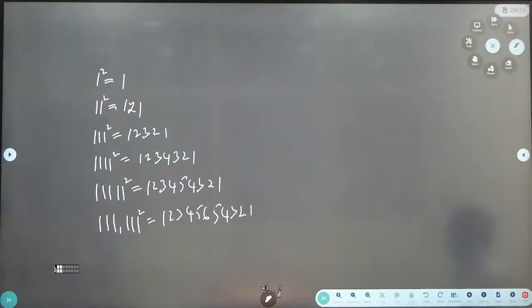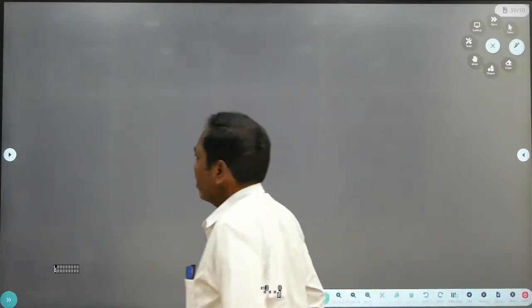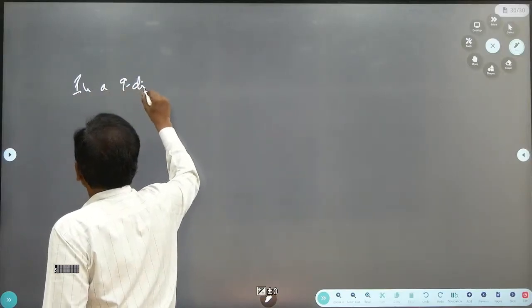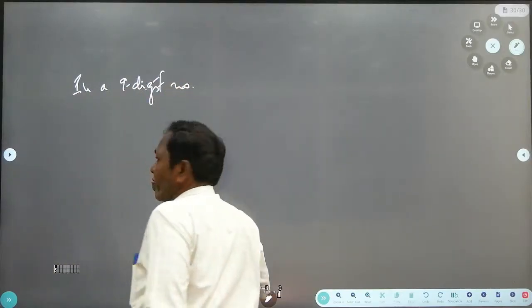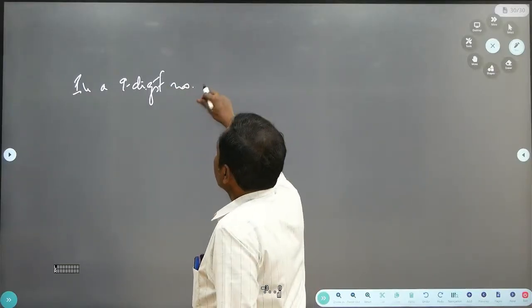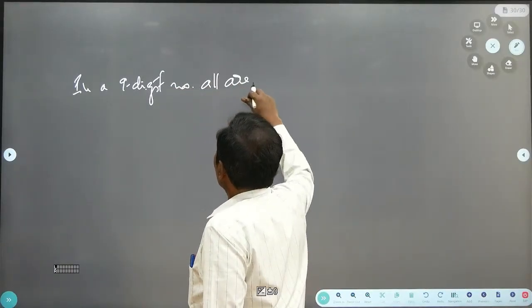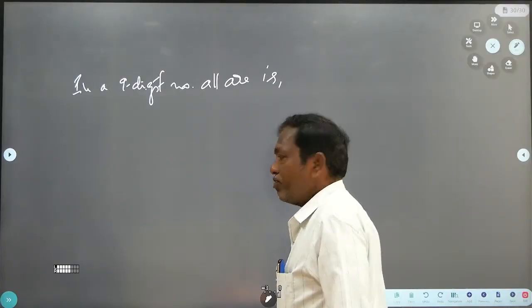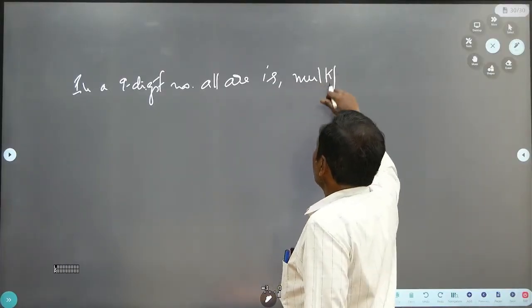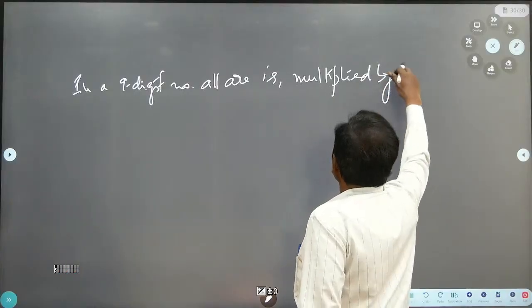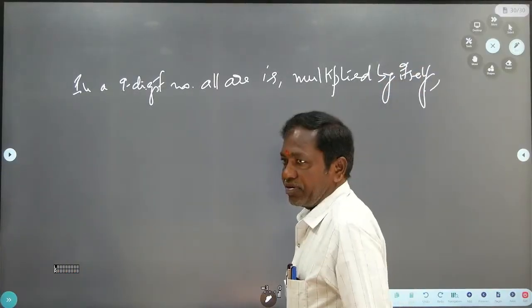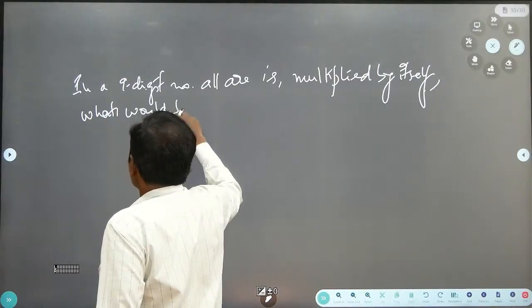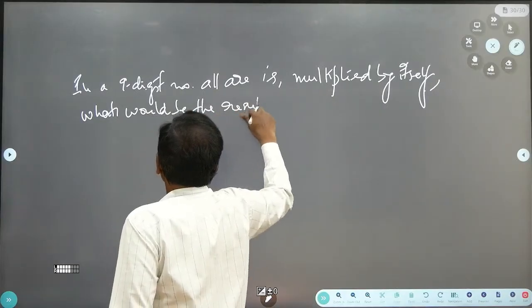See, the question was asked in such a way: in a 9-digit number, all are ones, multiplied by itself, what would be the resultant number?